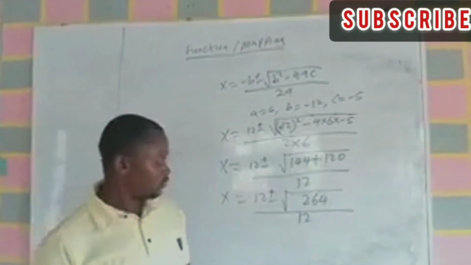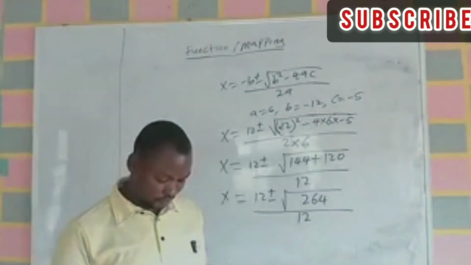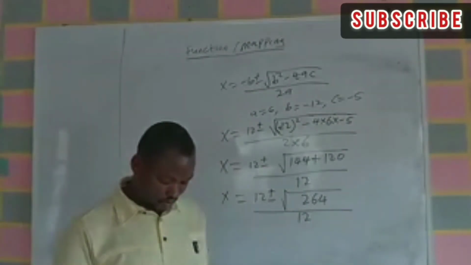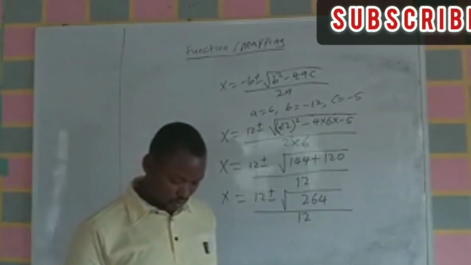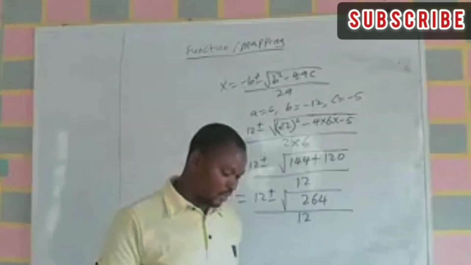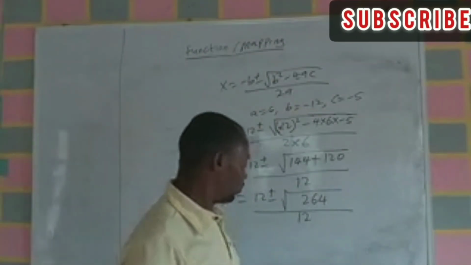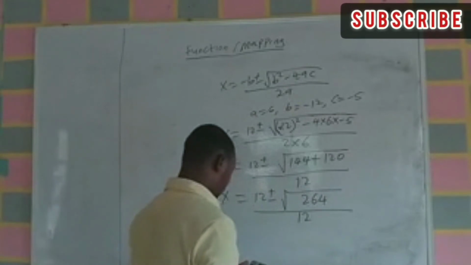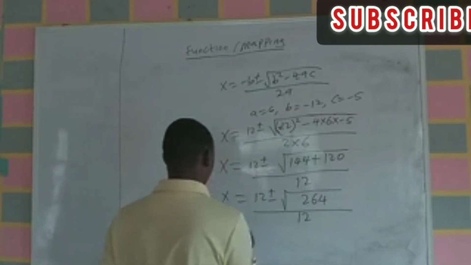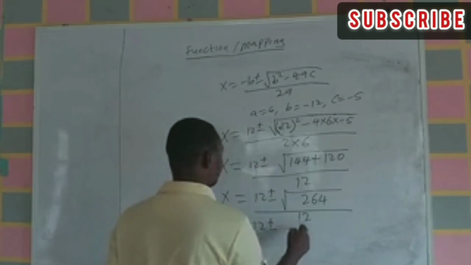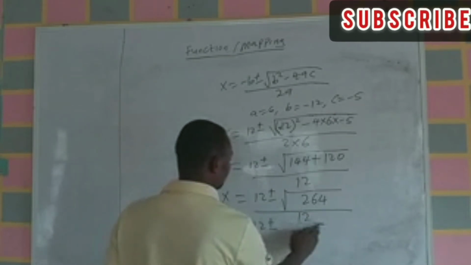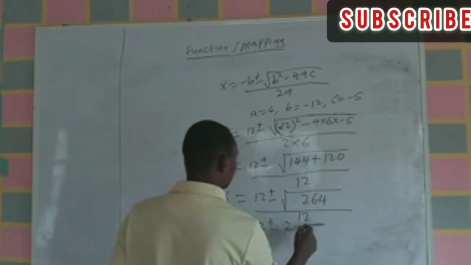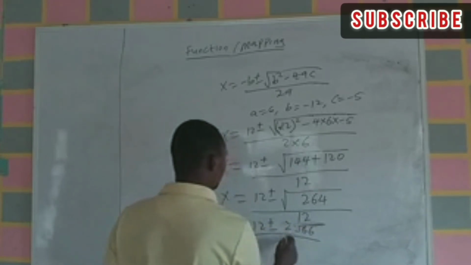It gave me 2 root 66. That equals 12 plus or minus 2 root 66, over 12.